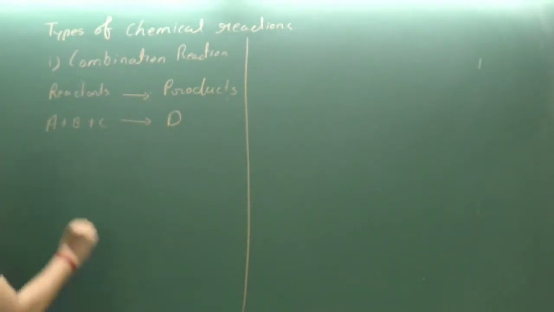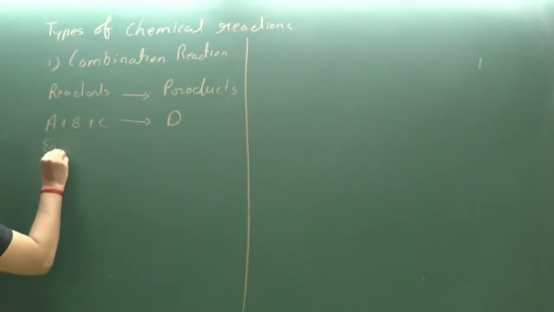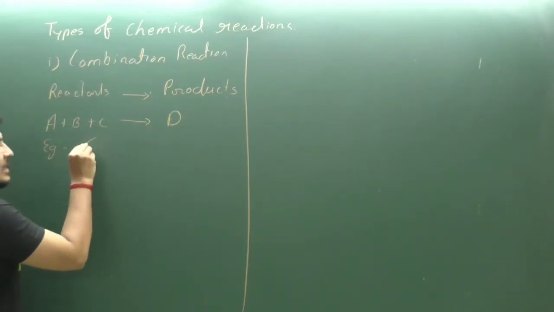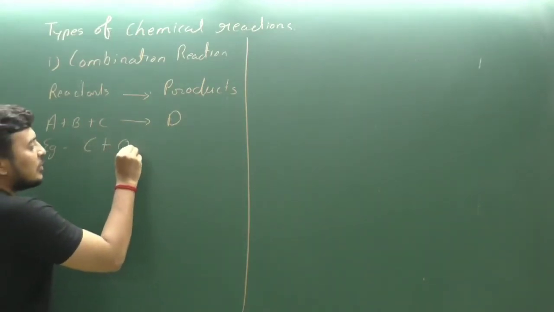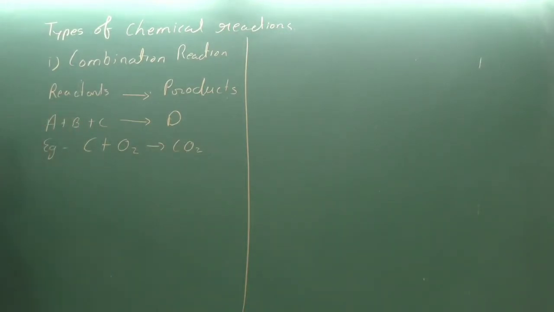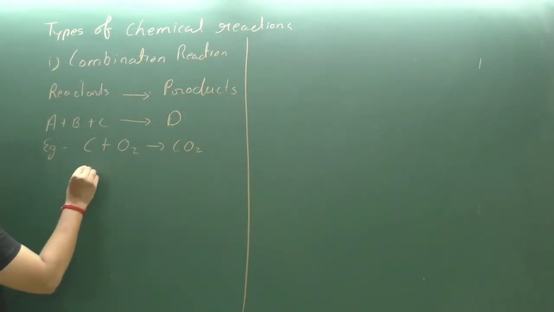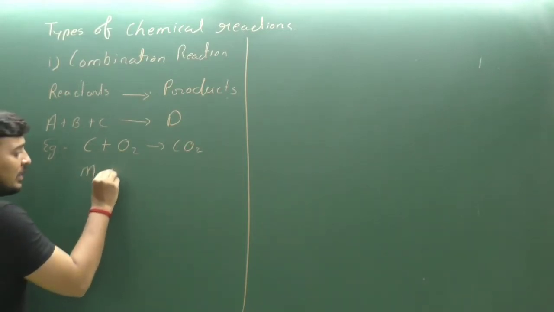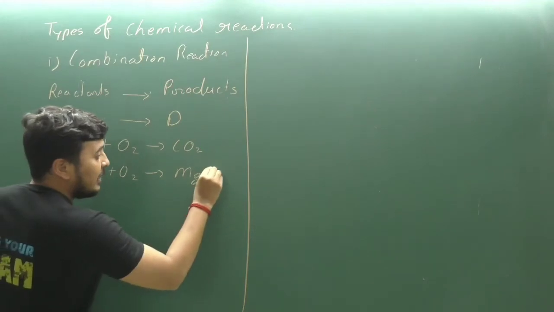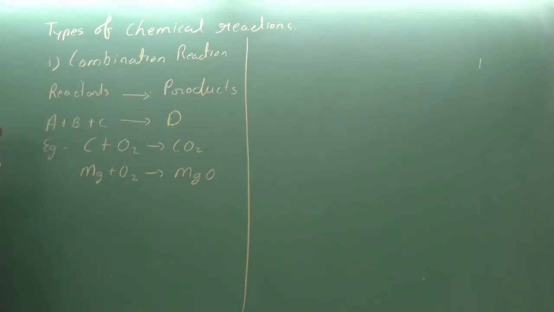Getting it? Let us take examples which will make us clear about the combination reaction. For example, carbon in presence of oxygen forms carbon dioxide. Second example, magnesium in presence of oxygen forms magnesium oxide.